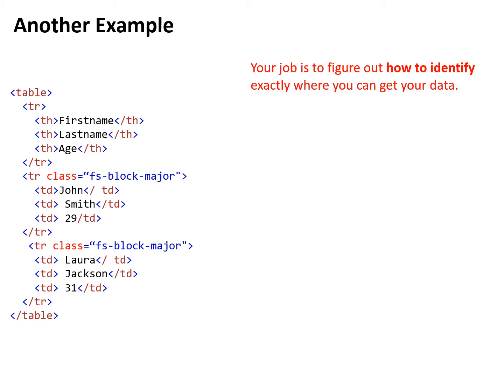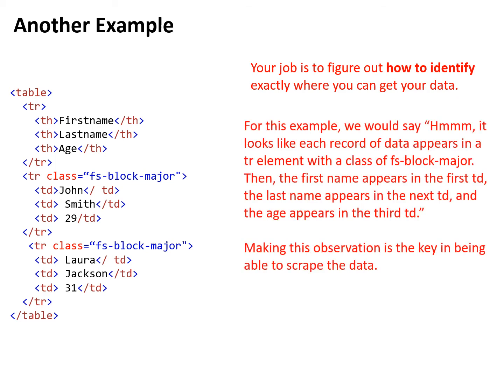And then the next line has that same class of FS block major, and again, it looks like the first TD is the first name, second one is the last name, and third one is the age. So what we would say in this case is, it looks like each record of data appears in a TR element with a class of FS block major.